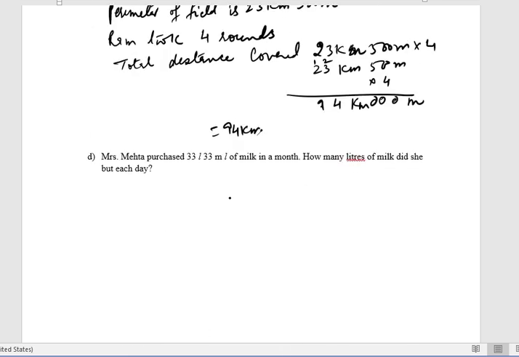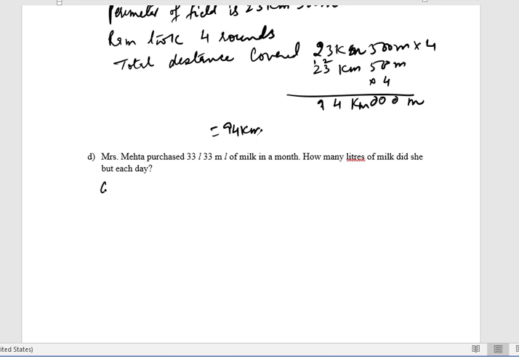Next question is, Mrs. Mehta purchased 33 liters and 33 milliliters of milk in a month. How many liters of milk did she buy each day? So first, the quantity is given in liters and milliliters, so we have to convert the complete value into liters, so that it will be easy for us to find out.